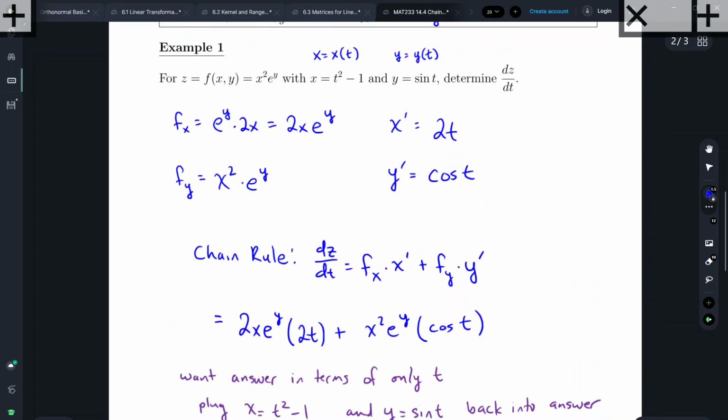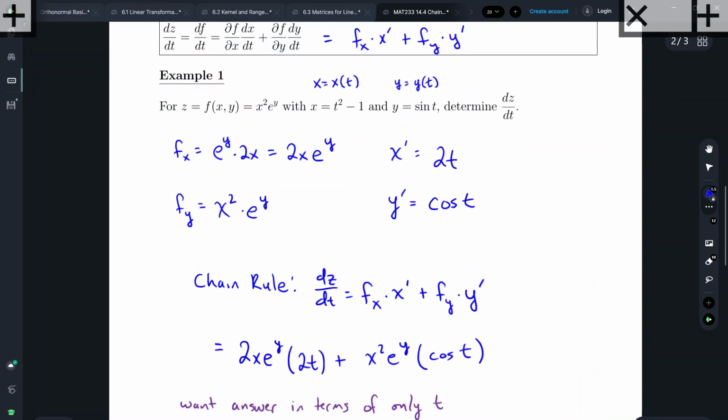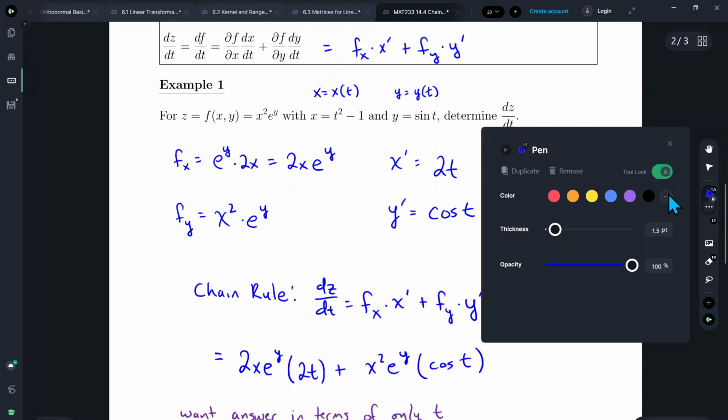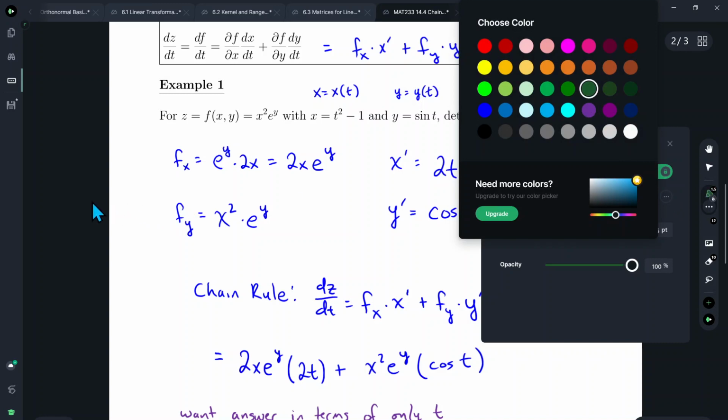Okay, so one thing to be aware of is that there's an alternative way to do this.